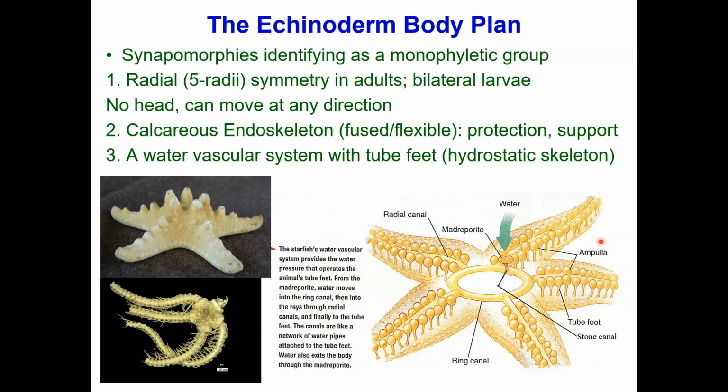So the canal system, this water vascular system, is like a network of water pipes that distributes water back and forth from the environment to the tube feet. And the water that enters through madreporite can also exit through madreporite. Okay, cool.